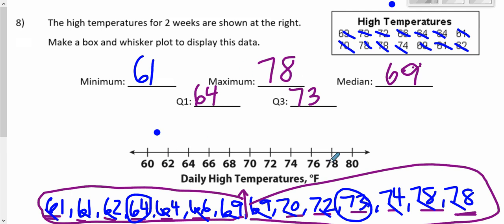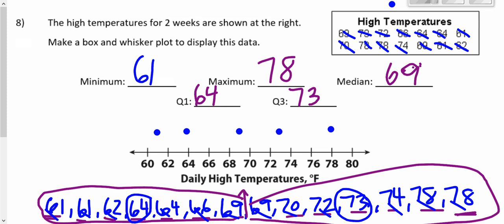And then I have my maximum of 78, so I'm going to put a dot on 78. My median is 69, so in between 68 and 70, there goes a dot. Q1 is 64, so right on 64, I'm going to put a point, and then on 73, I'm going to put a point. So I've got my 5 points.